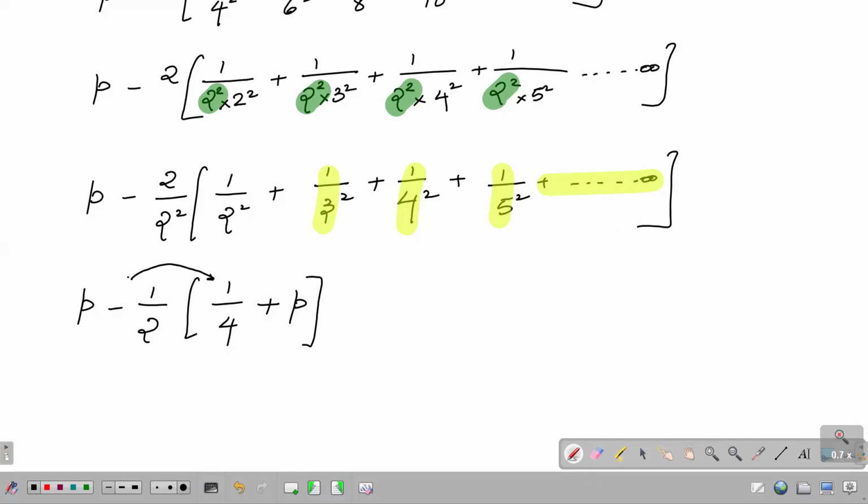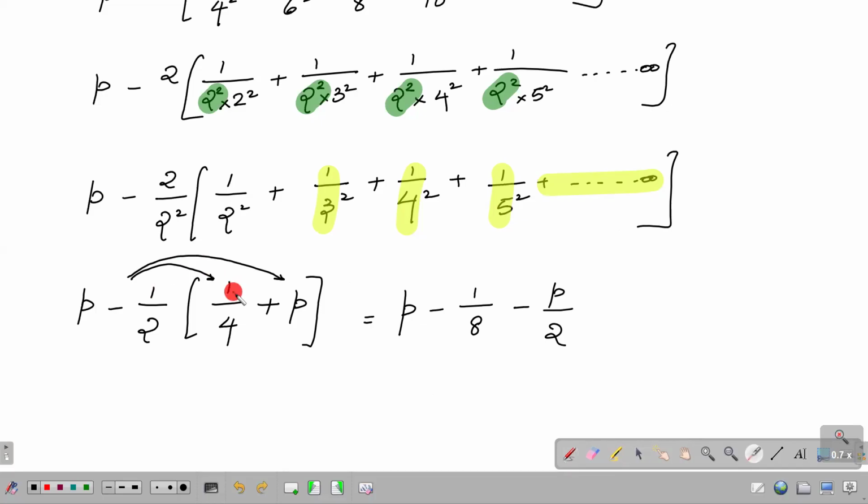I am now taking it inside the bracket. So what is going to happen? This will be nothing but P minus 1 by 8 minus P upon 2. I am taking this minus 1 by 2 inside. Minus 1 by 2 into 1 by 4 is minus 1 by 8. Minus 1 by 2 into P is minus P by 2.